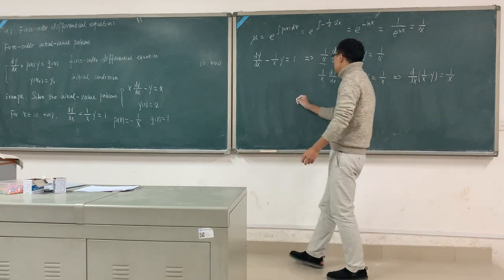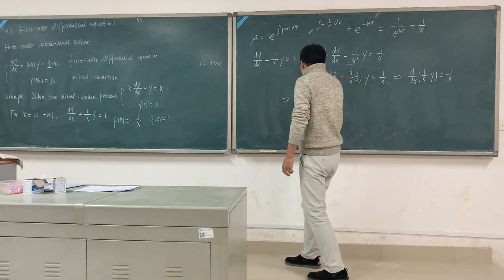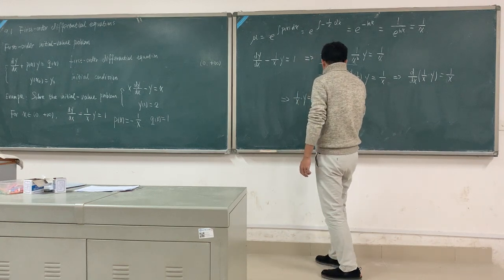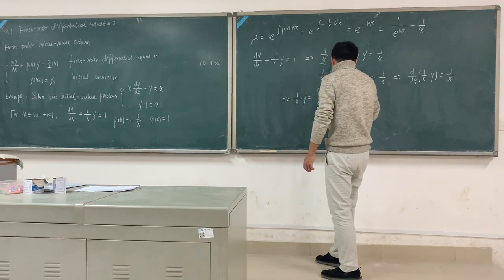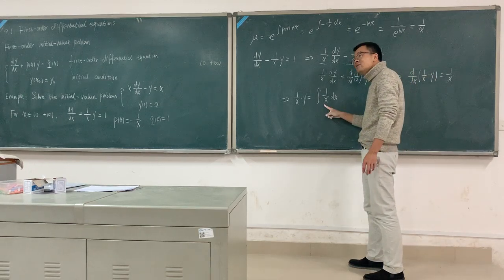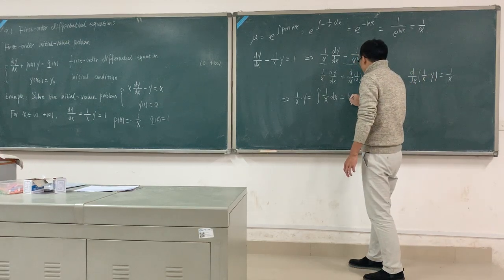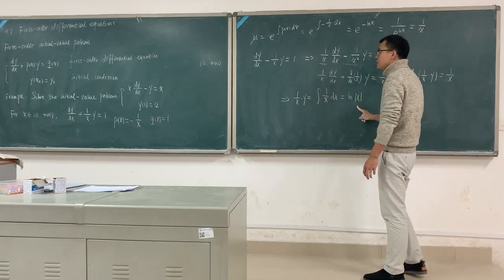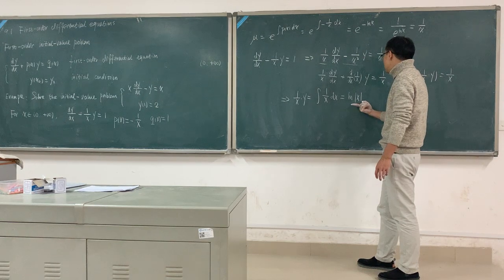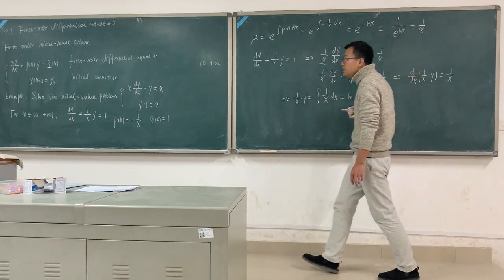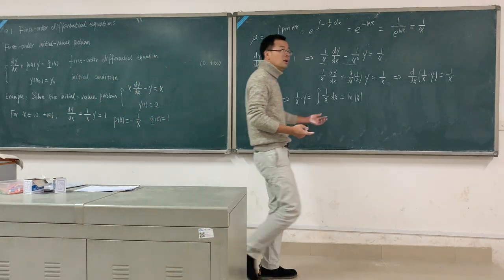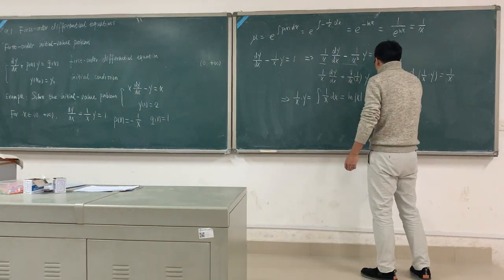So 1 by x times y equals the antiderivative of 1 by x dx. The antiderivative of 1 by x is log absolute value x, and because x is in this interval, it is log x.